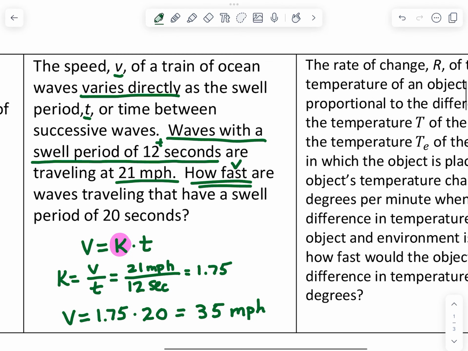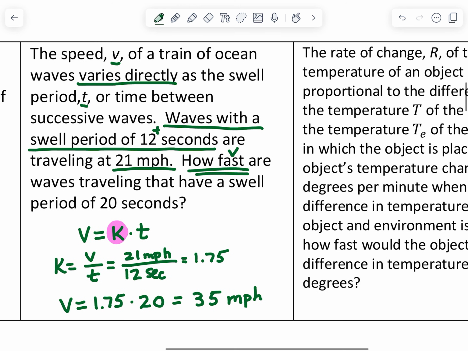I did want to take a second and remind you that when you're writing equations and using numbers in those equations, we do need to make sure that our units remain the same. For example, if in finding k our velocity was in miles per hour, we need to make sure that our velocity in the last part is also in miles per hour. And if the time was in seconds, we need to make sure the units stay in seconds.